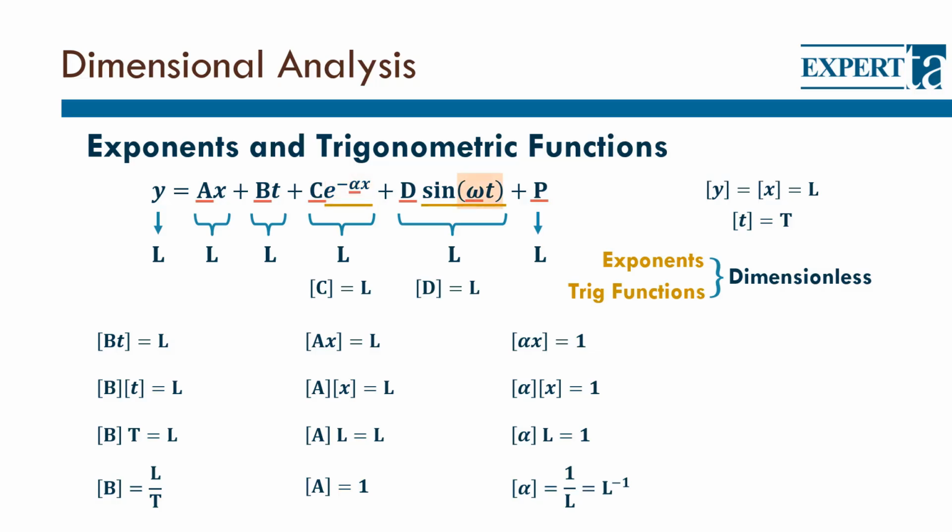The argument of a trigonometric function, which is omega t in this case, is also unitless, dimensionless. So omega times the dimension of t is equal to 1, and the dimension of omega is 1 over T, which is the same as T inverse. The important thing here: every term has to have the same dimension, and the exponents and trig functions and their arguments are dimensionless.